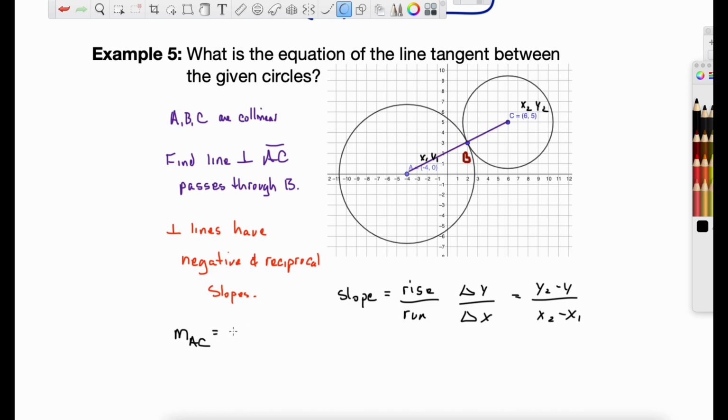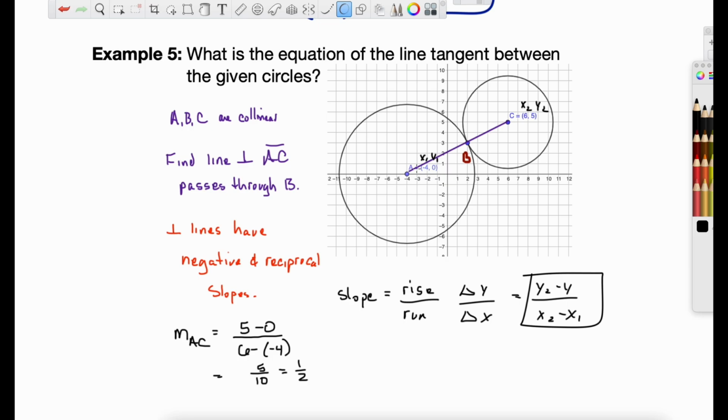So y2 minus y1, 5 minus 0, over 6 minus -4, is 5 over 10, which is 1/2.